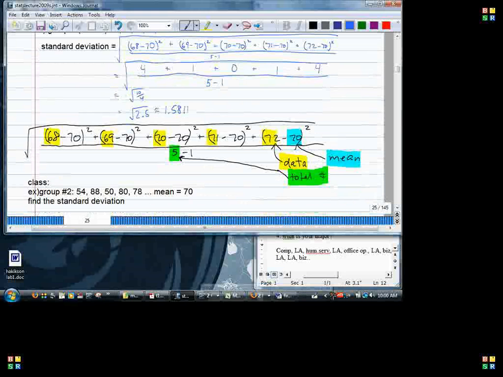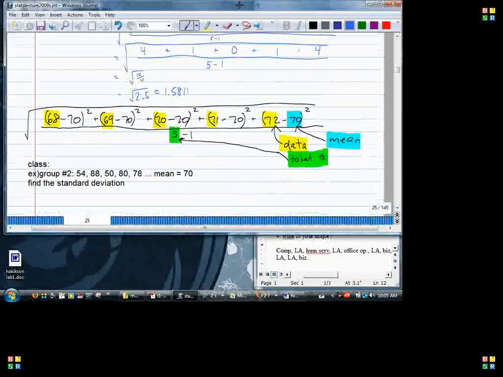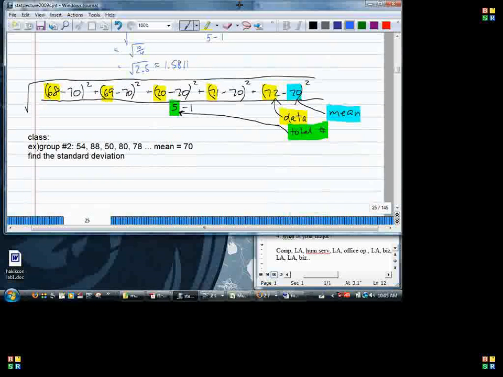Okay, so let's figure it out. So how does this go? What do we do? Any order you like. I'll keep it in the order it was written, that's fine. 54 minus 70 squared.